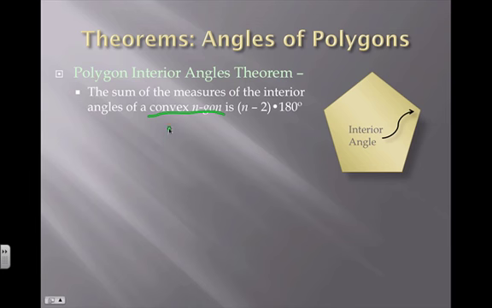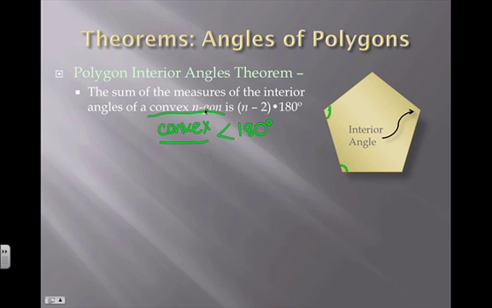If you remember from earlier this year, a convex polygon means that all of the interior angles are less than 180 degrees. Our pentagon over here is a convex polygon. Each of our interior angles is less than 180, this one is less than 180, and so are the remaining 3 angles. So that means that this is a convex polygon.